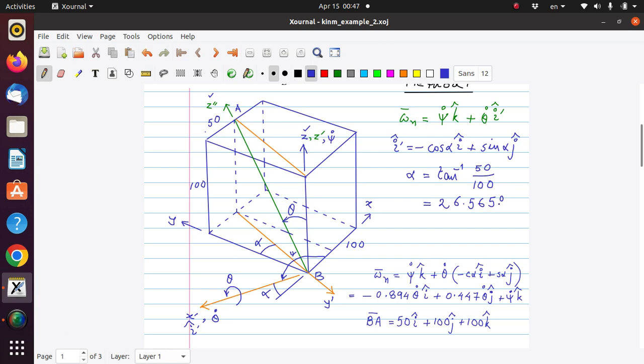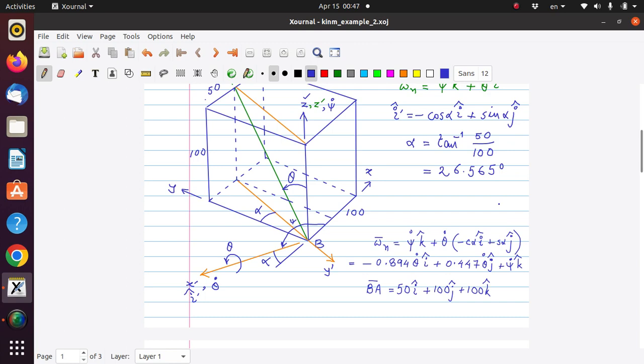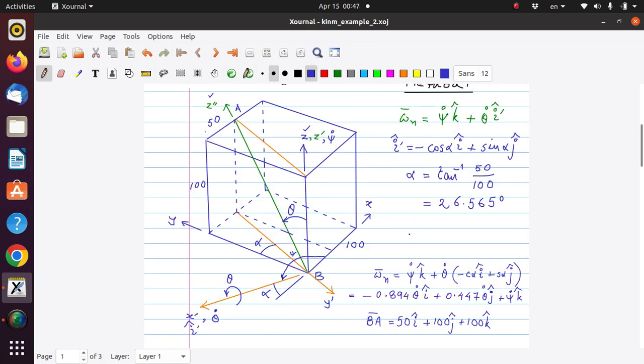Similarly you can find out that theta equal to tan inverse, so this length is square root of 100 square plus 50 square, divided by this, so this is 100.